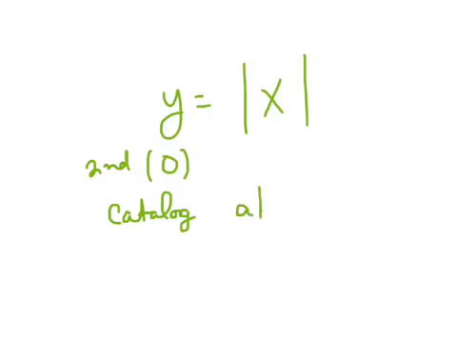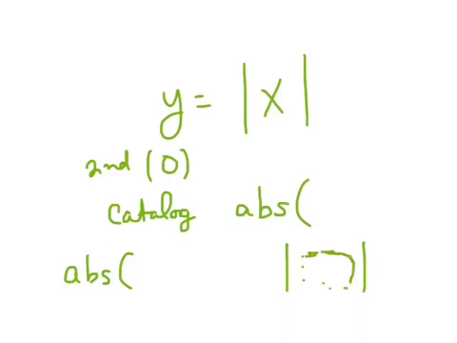It's ABS, which is short for absolute value. On the newer types of 84 calculators, it will actually give you the absolute value symbols. On the older ones, it will say ABS parenthesis, and on the newer ones, it will give you a little shadow box that you can type everything into.